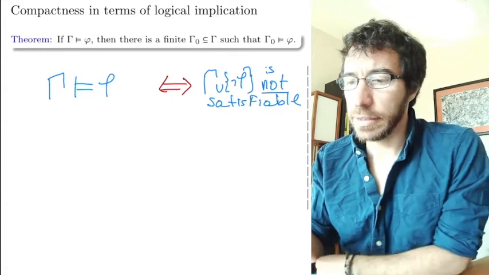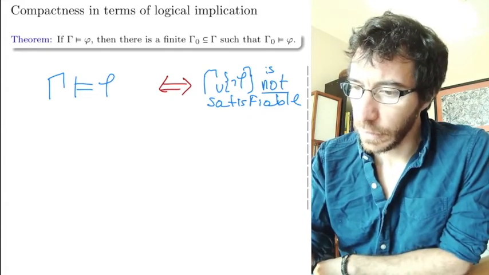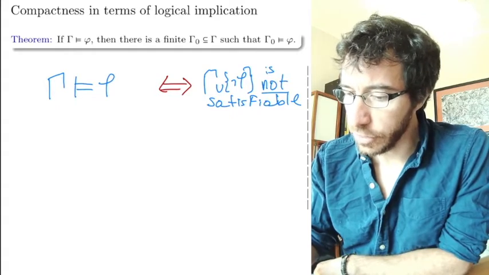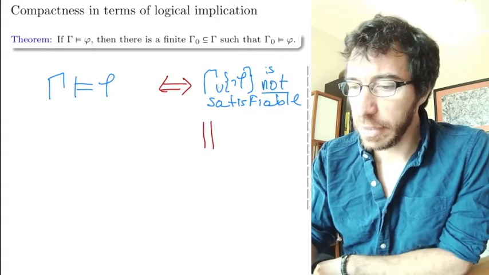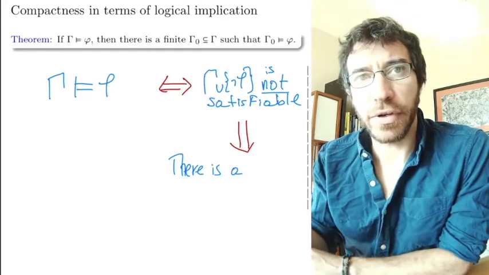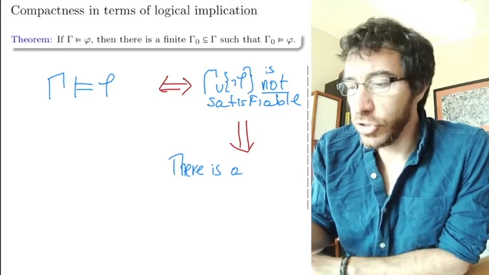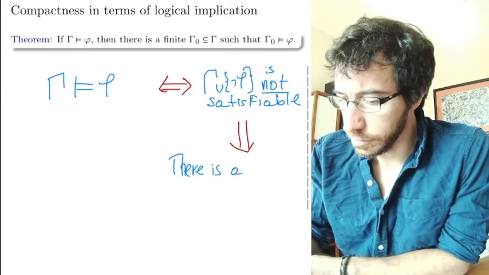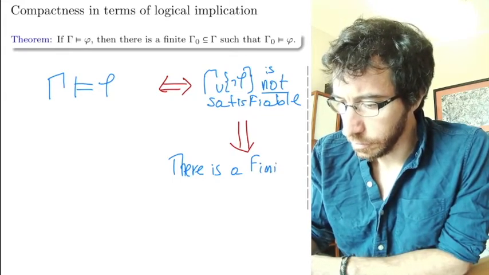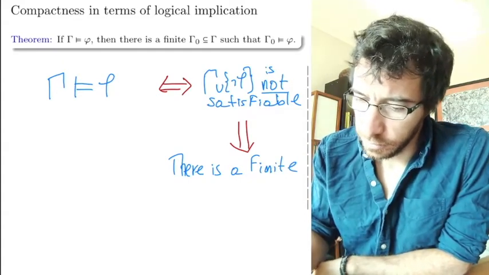Right? You recall this from last week? Now, compactness tells us that if this set is not satisfiable, there must be a finite subset that is not satisfiable. And we may assume the subset contains not phi. Right?